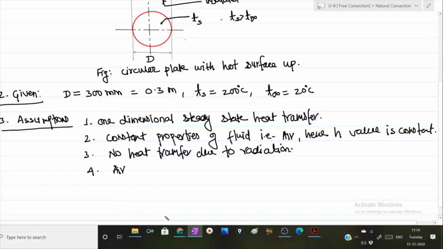So we will consider air as an ideal gas. So what will be the advantage of this assumption? We can apply all the gas laws and properties of air like Cp/R values as an ideal gas.